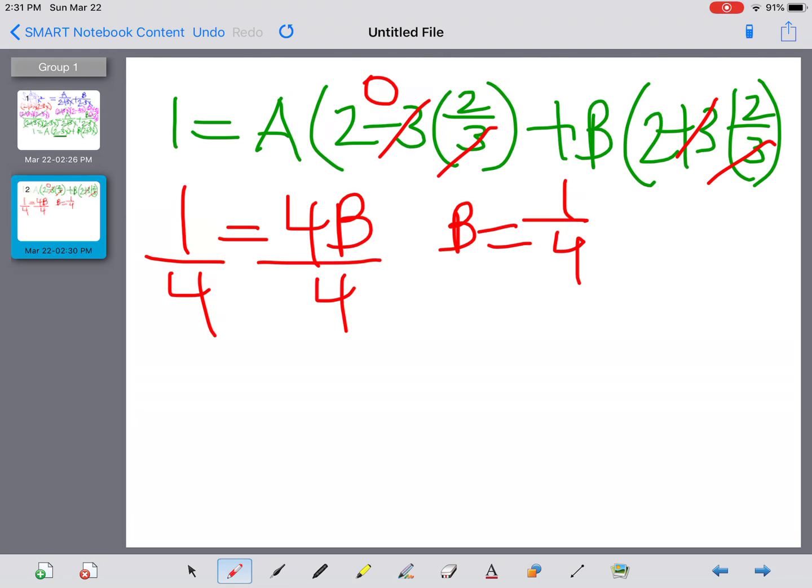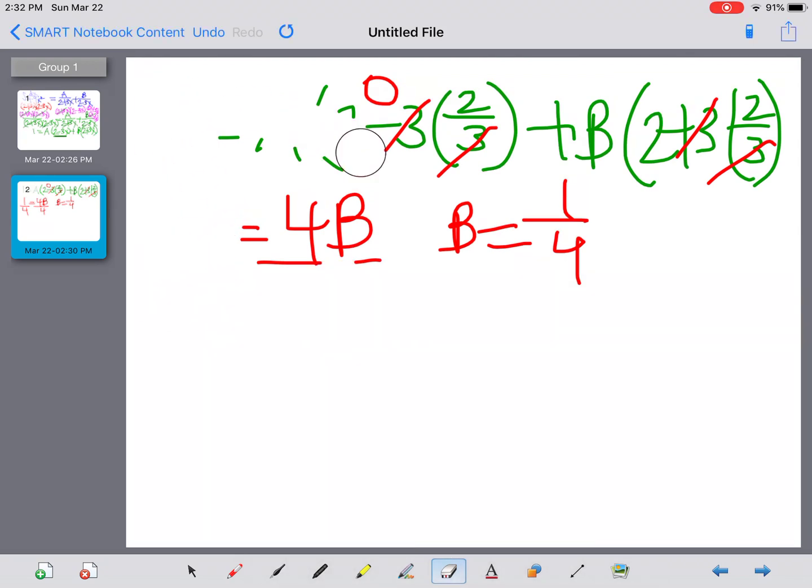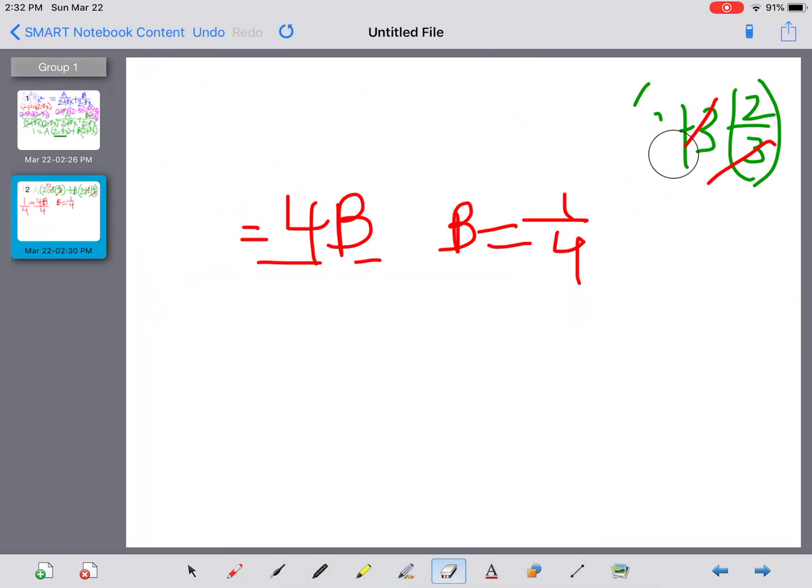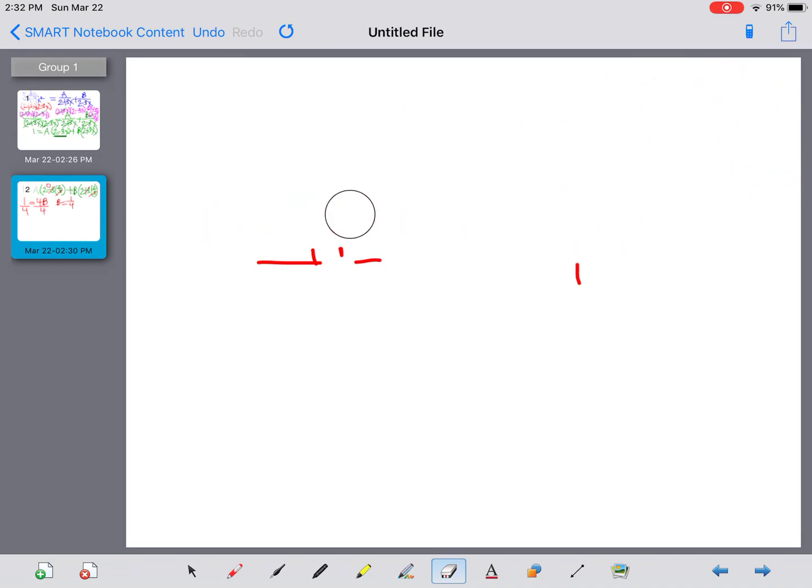We can do the same thing to find A. Just go back to your original equation.